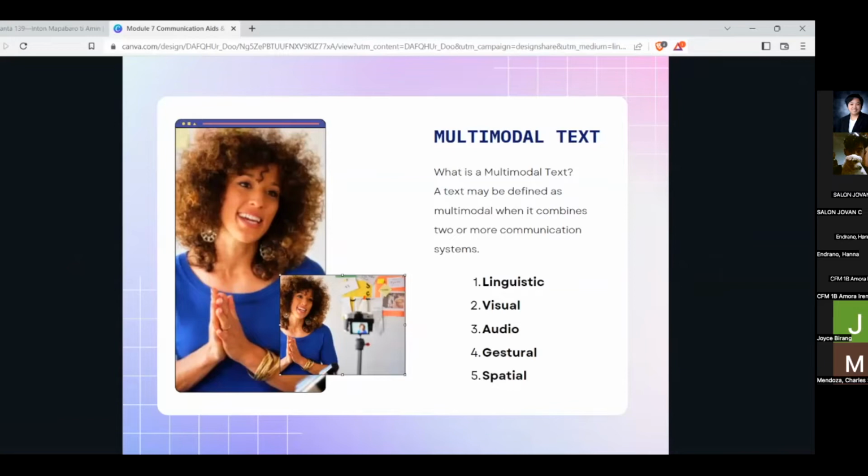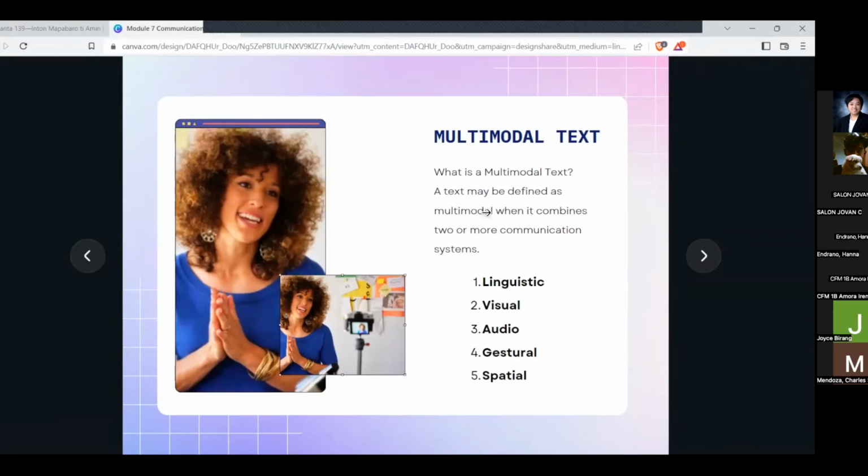During midterms, we discussed multimodal text. What is multimodality again? What is a multimodal text? A text may be defined as multimodal when it combines two or more communication systems.